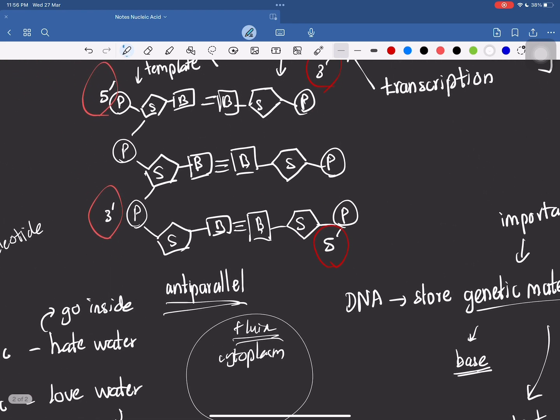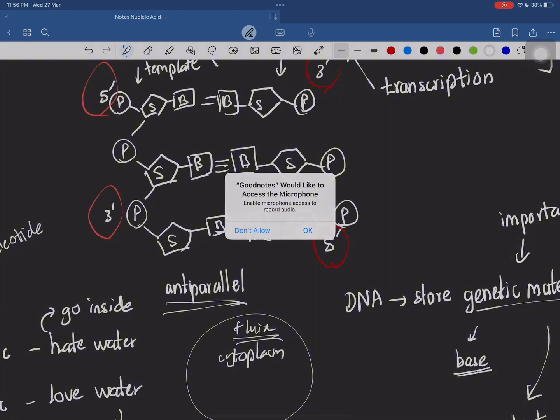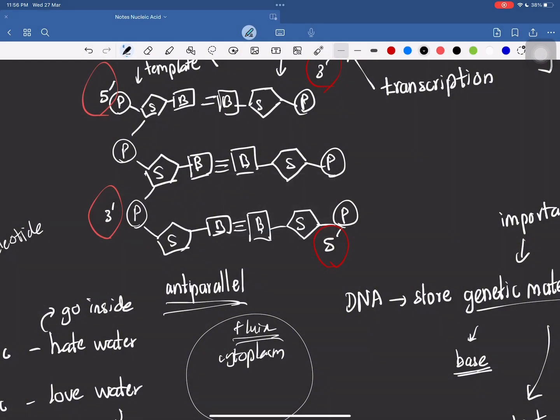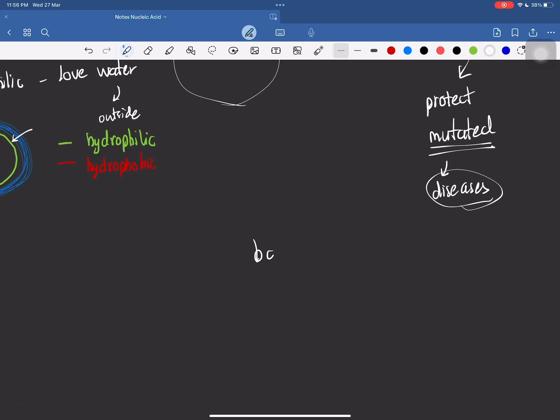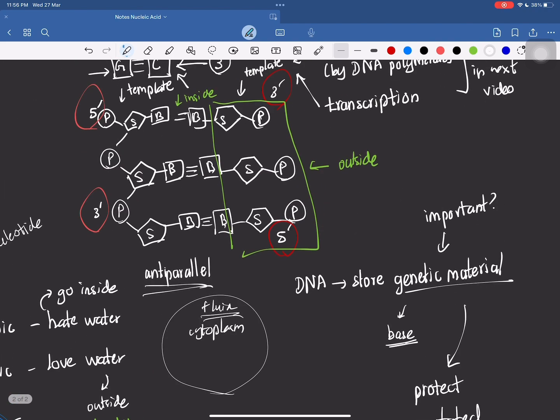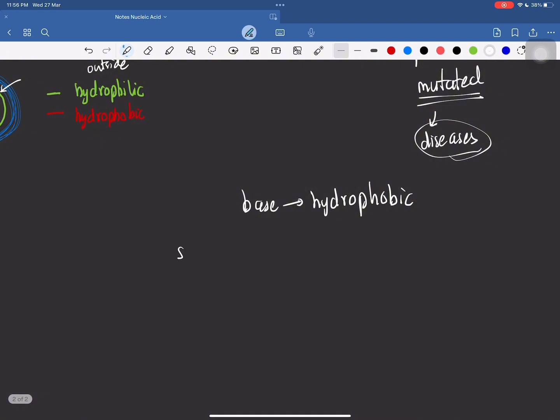So how is it protected? You can see that the base is inside and the sugar phosphate is outside. Can you assume which one is hydrophobic and which one is hydrophilic? Obviously, base is hydrophobic and sugar phosphate is hydrophilic.